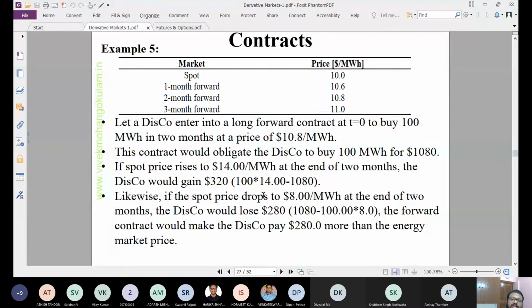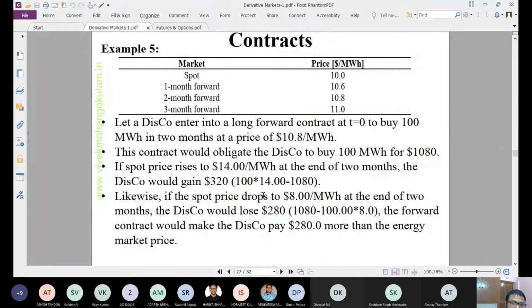Now let a distribution company enter into a long forward contract at t equals 0 to buy 100 megawatt hours in 2 months at a price of $10.8 per megawatt hour. This means that both the parties have an obligation for the trade of electricity at a strike price of $10.8 per megawatt hour.